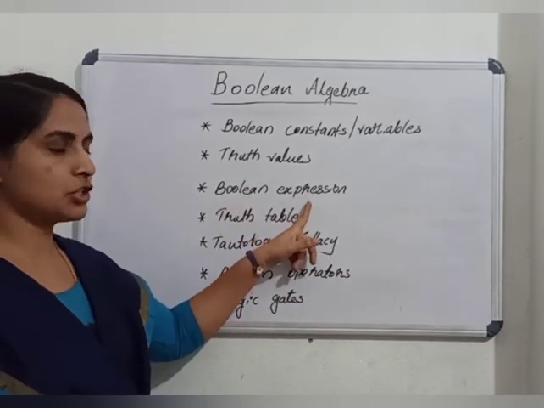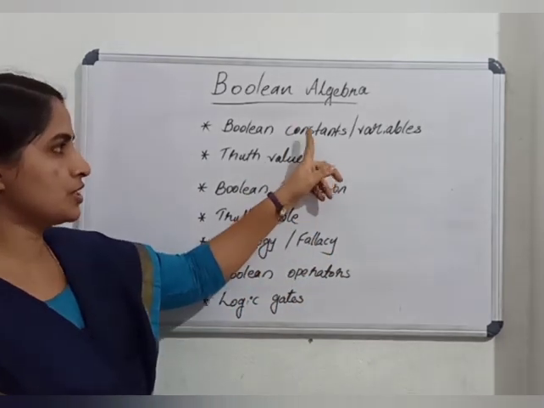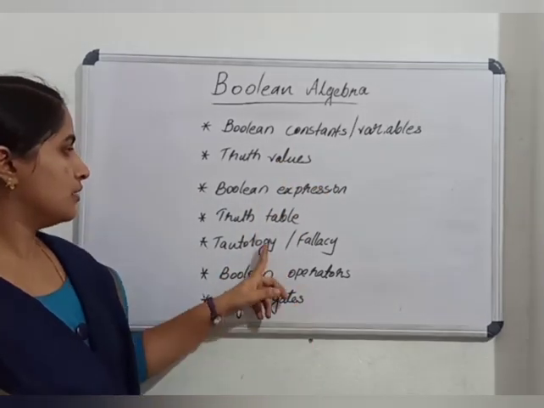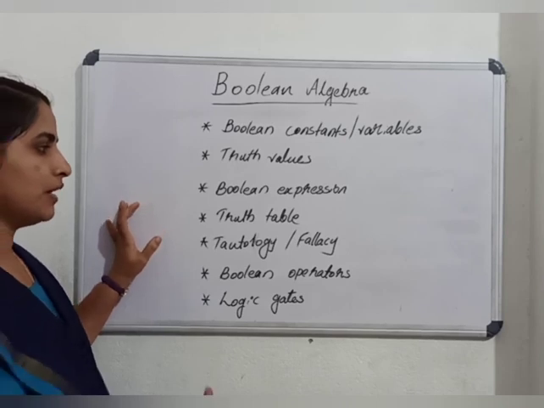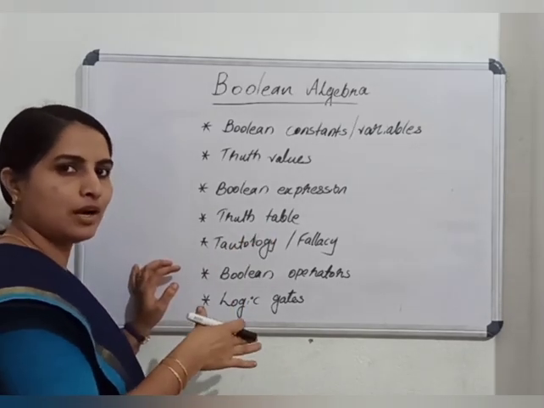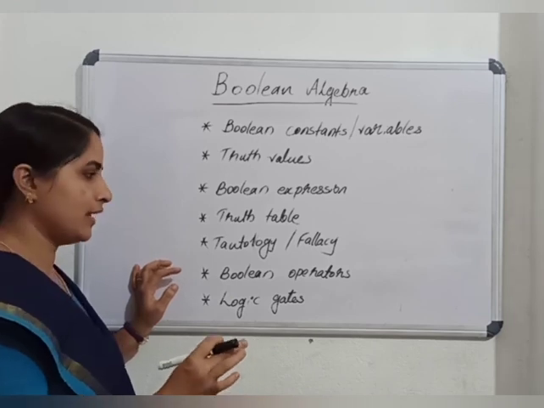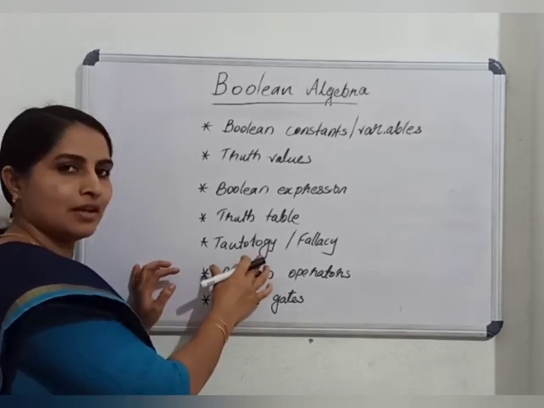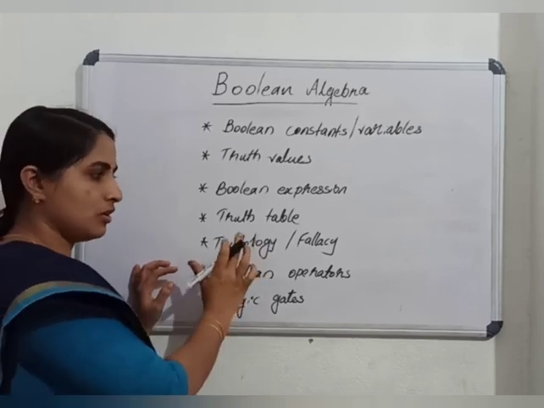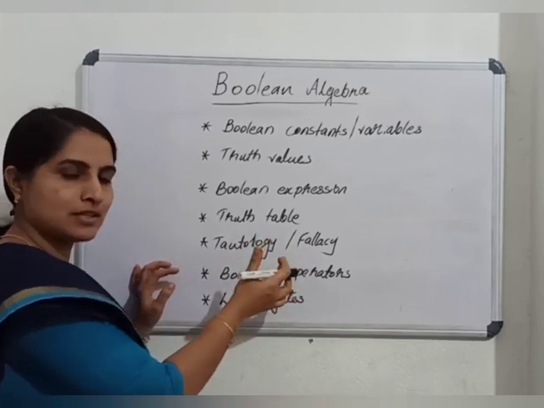A Boolean expression is the combination of Boolean constants, variables and Boolean operators. A truth table is a table which depicts all the possible inputs and the corresponding output for a Boolean expression. Tautology means the result of a Boolean expression is always true, and if it is always false, it is a fallacy.